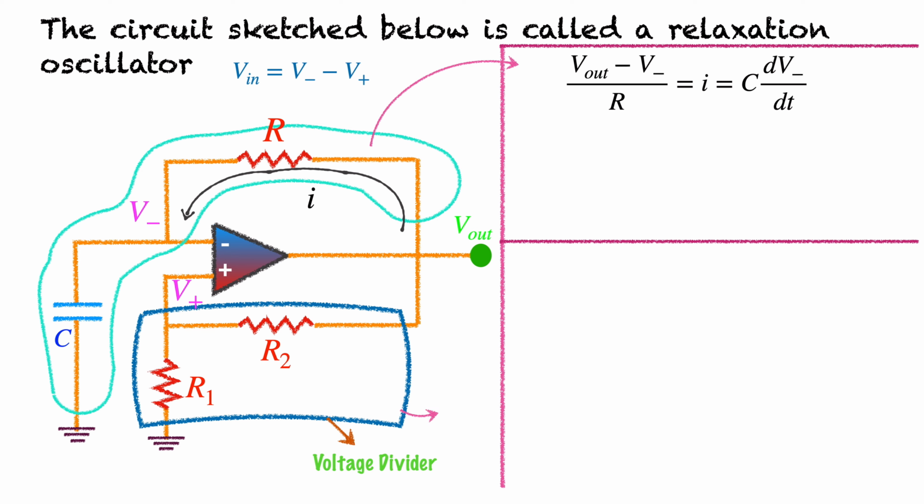Similarly, in the voltage divider circuit, you can get the equation as (V out minus V plus) by R2, that is the current through R2, will be equal to V plus by R1, that is the current through R1. So let us now solve the two equations, rather one differential equation and one linear equation.